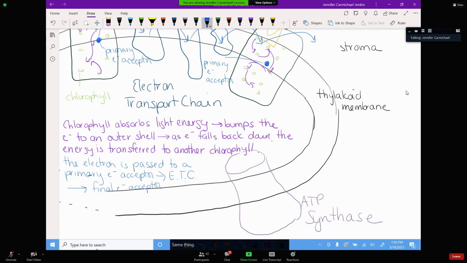Same thing we talked about: electrons go through an electron transport chain and they make their way to a final electron acceptor.